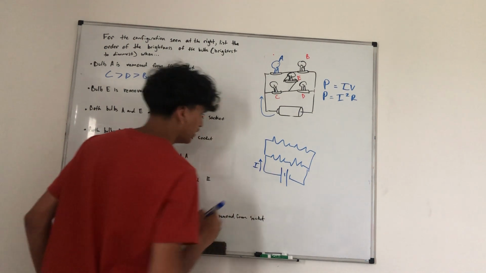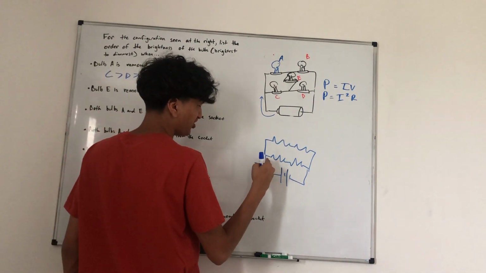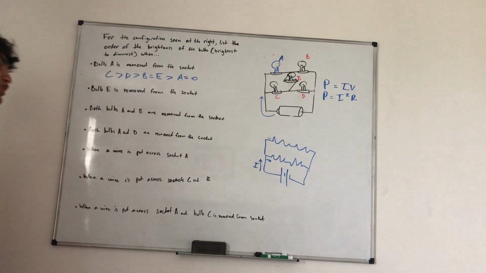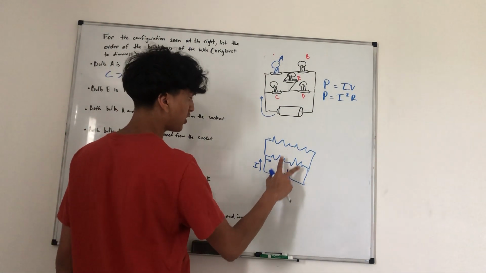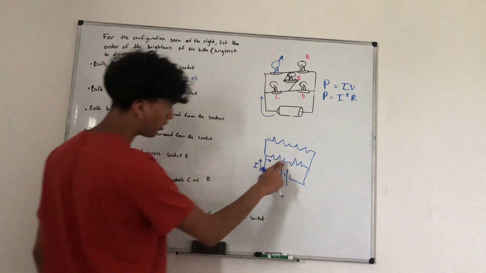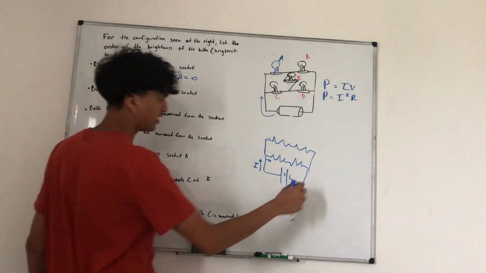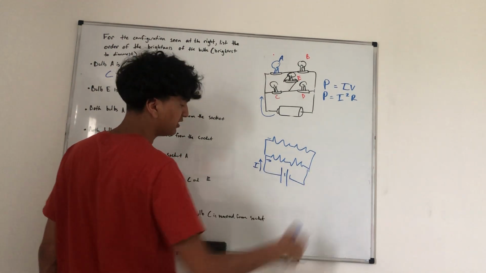right? So which path will get more current? Well, they're going to be the same, right? Because if we think about the equivalent resistors, this is going to be an equivalent resistor of 2R, and this is going to be an equivalent resistor of 2R. So if we think about V equals IR, both have the same potential difference because they're connected to the same battery.